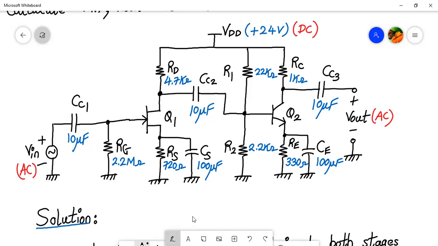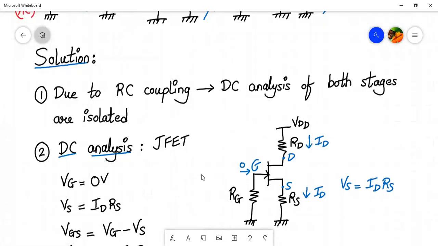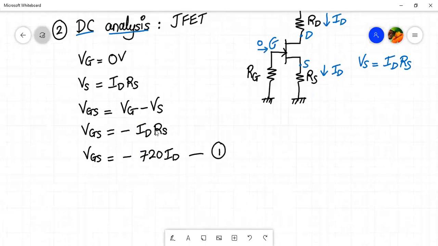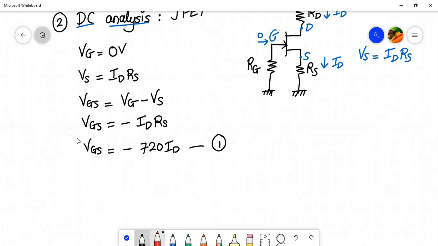Your input voltage over here is 20 millivolt peak to peak, and the DC power supply is 24 volt. So these are the values of various resistors and capacitors in the network. Hence RS is 720.